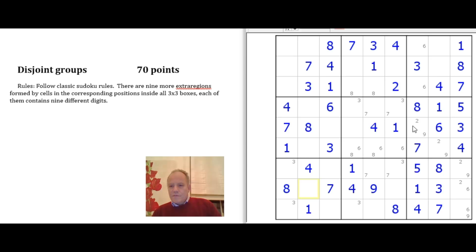Top left's 5, 8, 7, 1, 4. Bottom right, 1, 3, 2, 7, 4, 8. So we've got 9 or 6 there, 9 or 5 here, but that could be any of 6, 9 or 5. That's irritating.